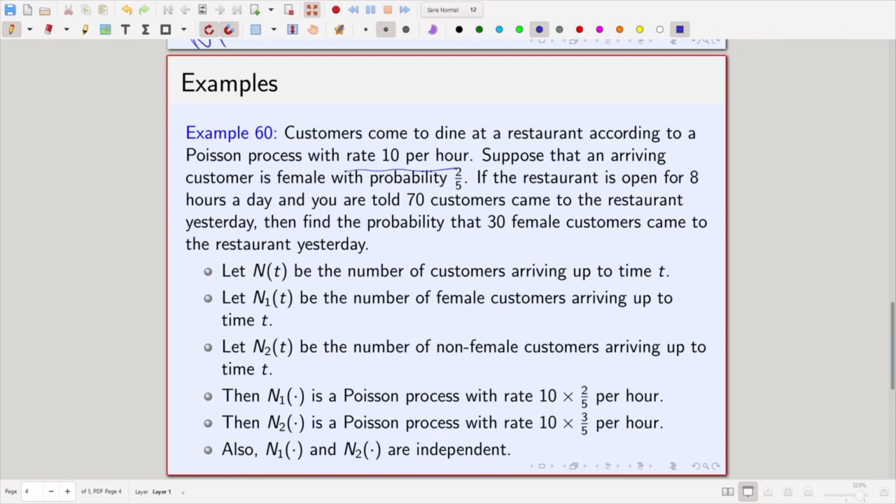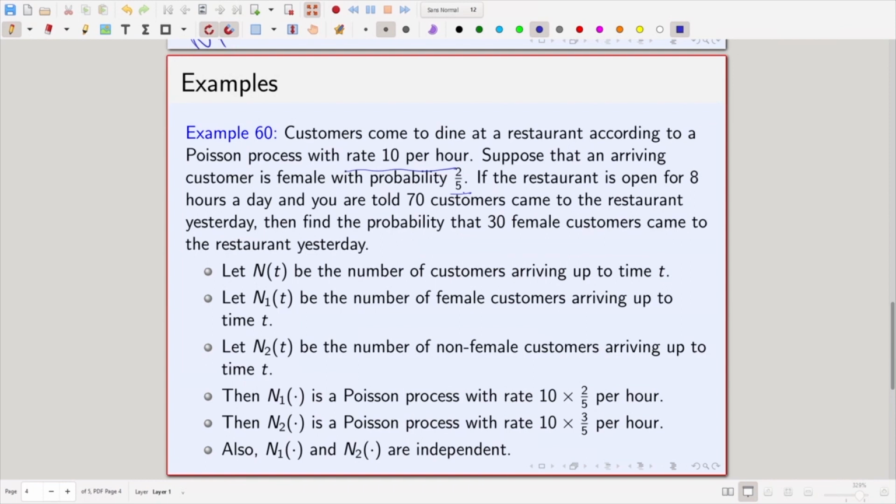Now, moving to the next problem. Customers come to dine at a restaurant according to a Poisson process with rate 10 per hour. Suppose that an arriving customer is female with probability 2 by 5. So, here the unit is per hour, and if you take an arriving customer, then that customer is female with probability 4 by 10, so the customer is non-female with probability 6 by 10.